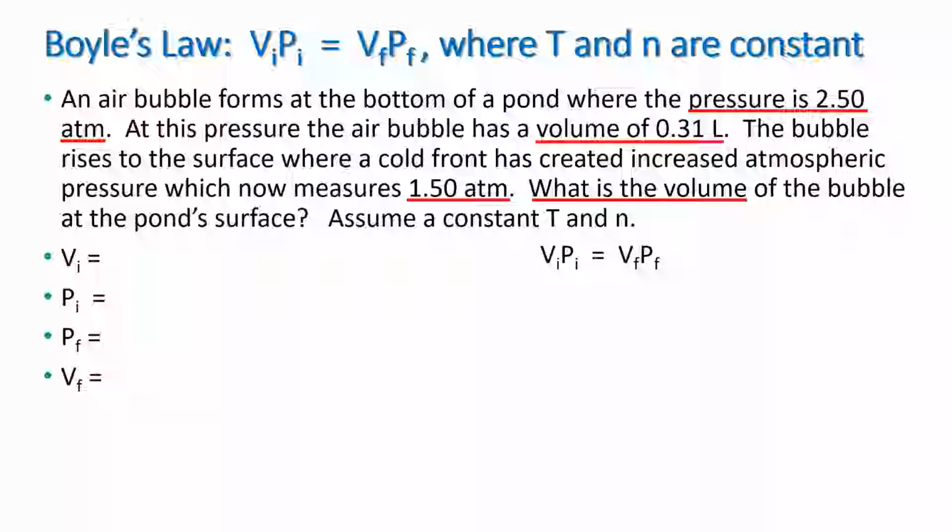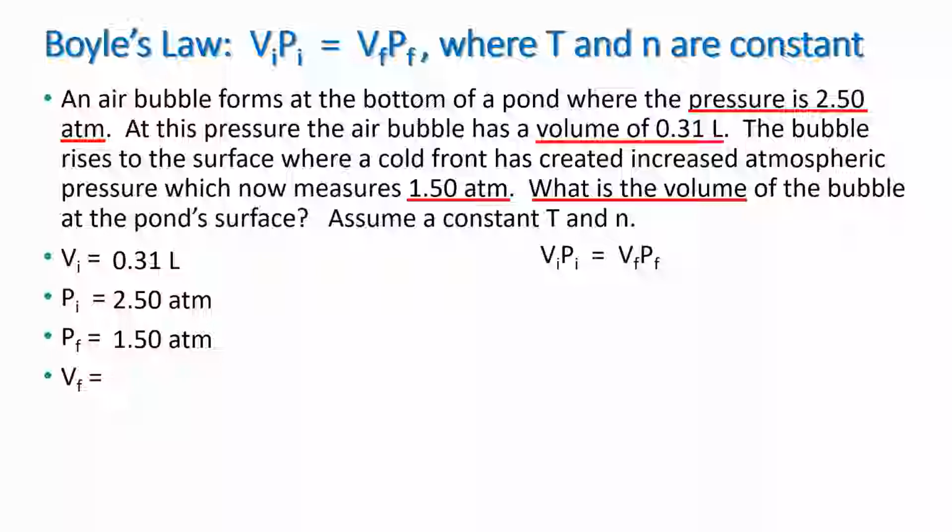So our initial volume, we can fill that in because that comes in at 0.31 liters. The initial pressure, which is PI, is 2.50 atmospheres. And the final pressure, which is PF, is 1.5 atmospheres.